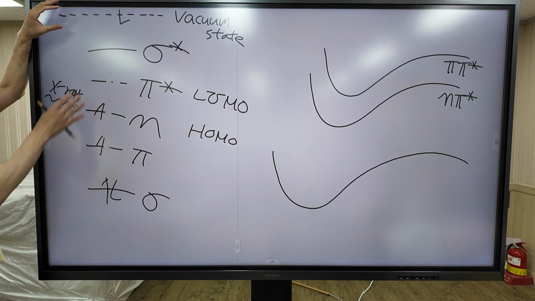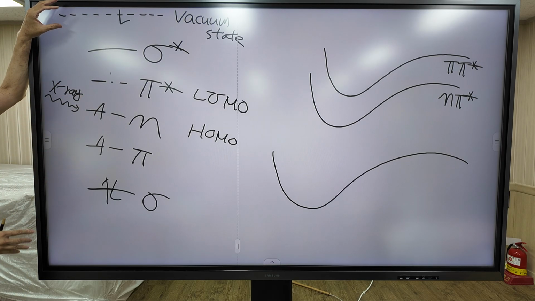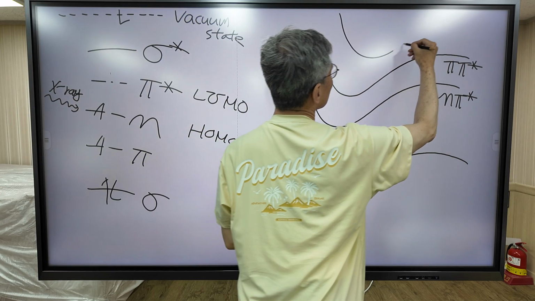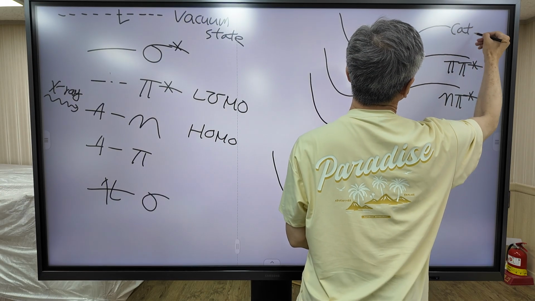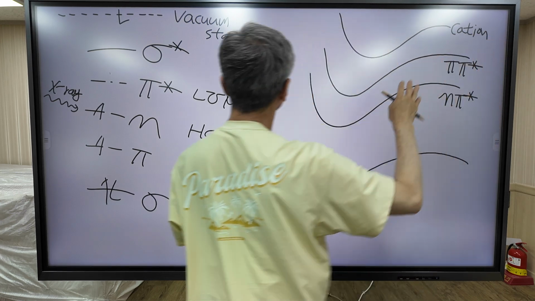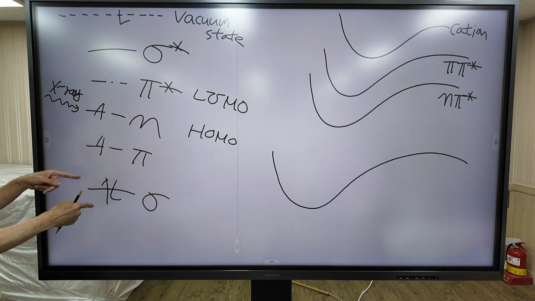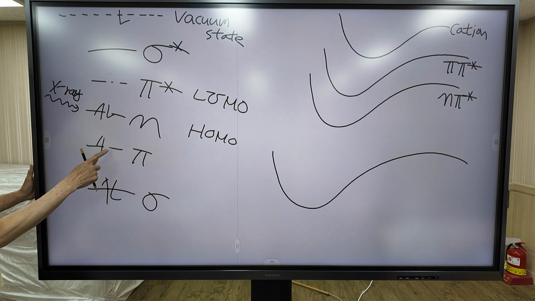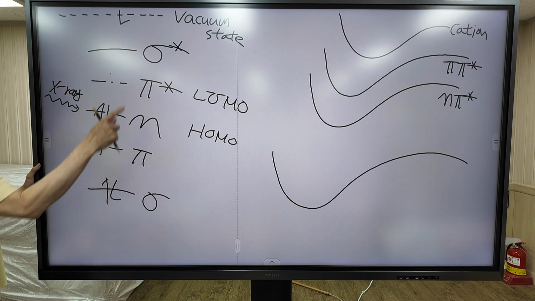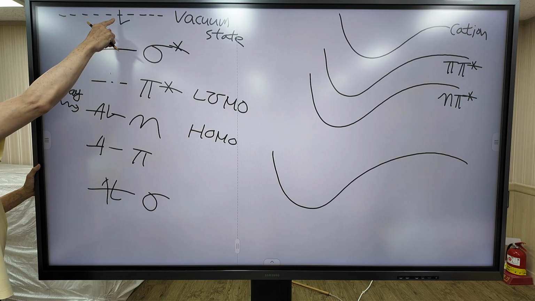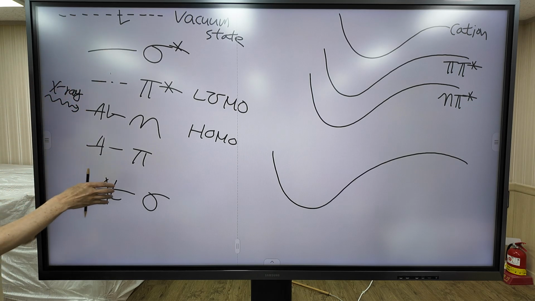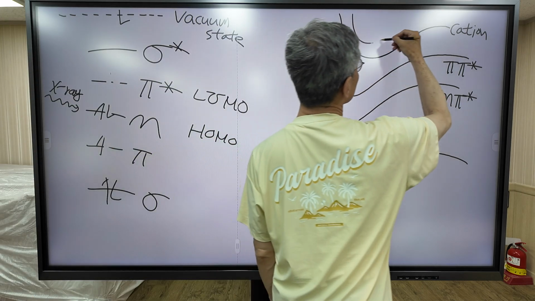So with this configuration, I can draw the potential energy curve of the cation. And sometimes electrons in the pi orbital can be promoted to the vacuum state, forming another cation. So with this configuration, we can draw another cation curve.